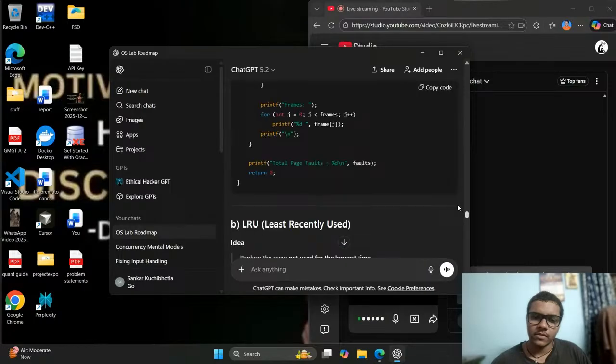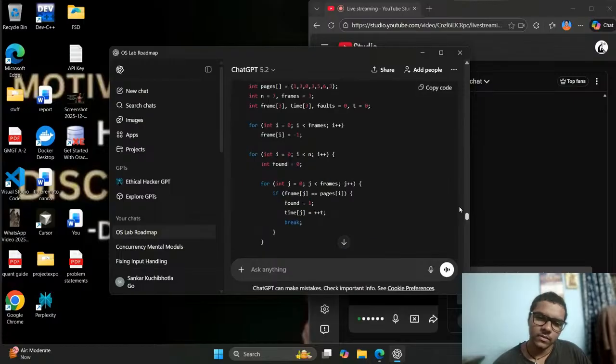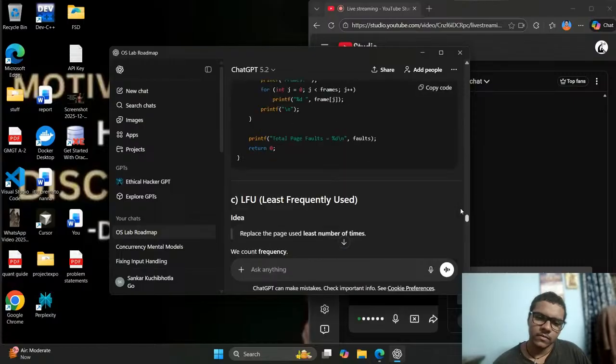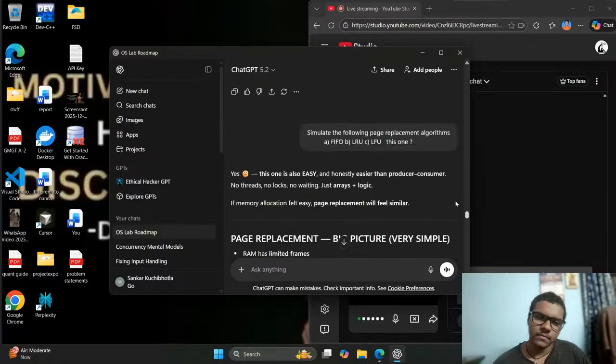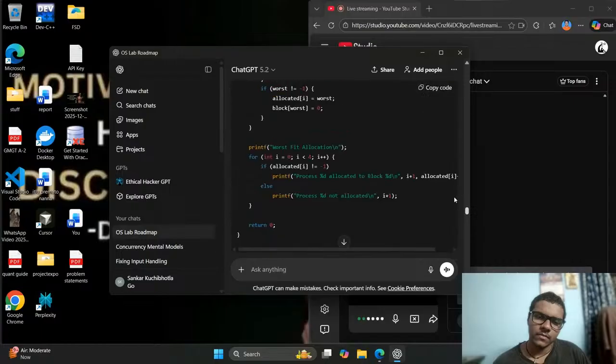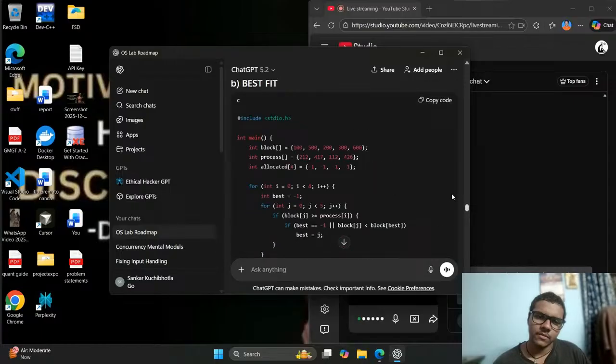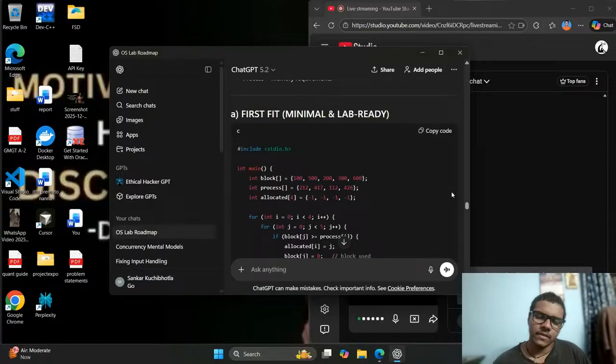Least frequently used, least recently used. That's page replacement for you. First fit.